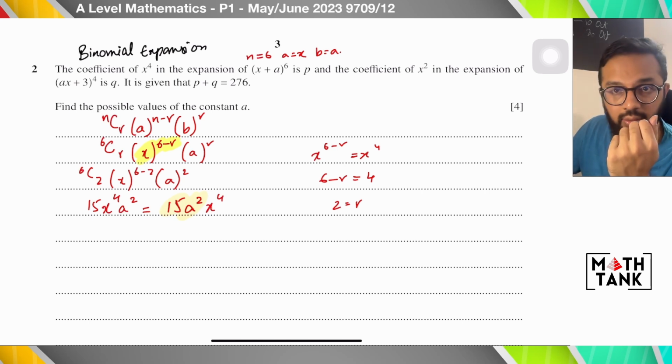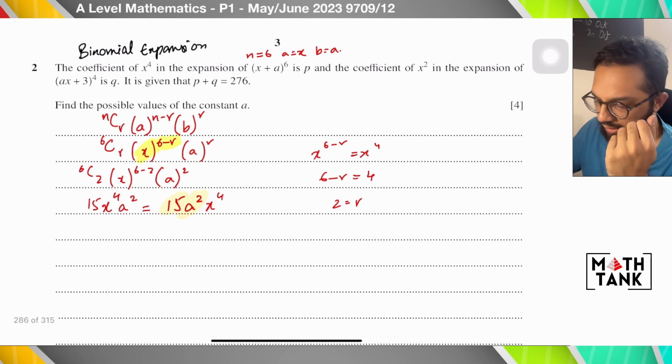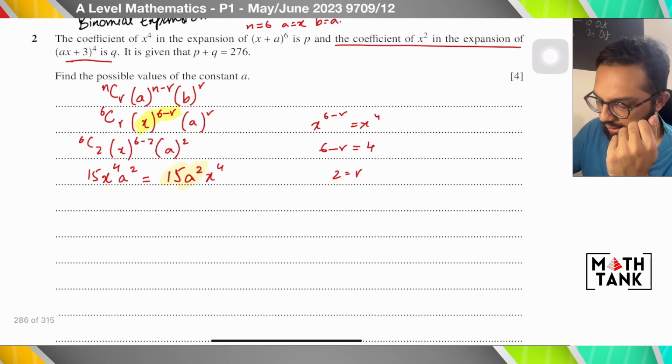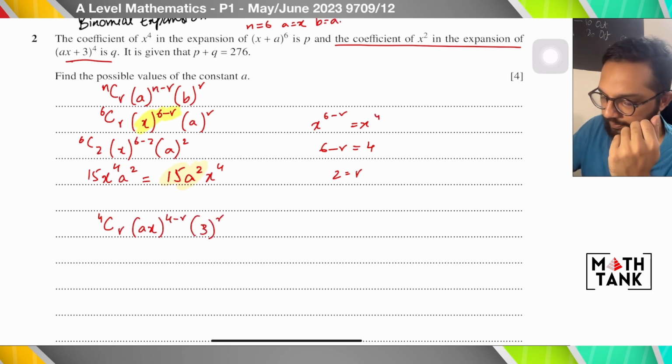Then the other bracket, and the coefficient of x squared is q. So again, the same formula. This time I'm going to say 4Cr, a x power 4 minus r, and 3 power r.